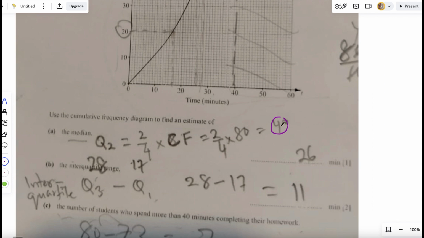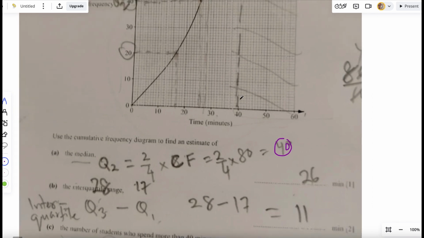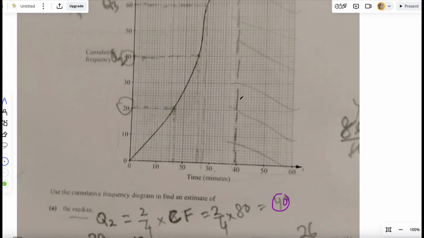What this tells you is that you should go to the graph on the vertical, cumulative axis, trace 40 to the curve, and trace it down.